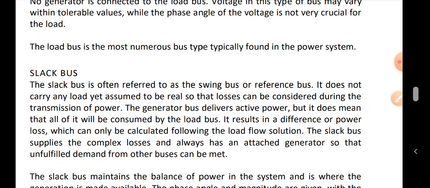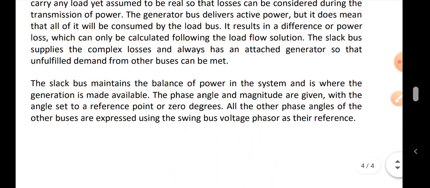It depends upon the complex losses in the system and compensates the losses in the system. This bus maintains the balance of power in the system, and that is why it is a slack bus.